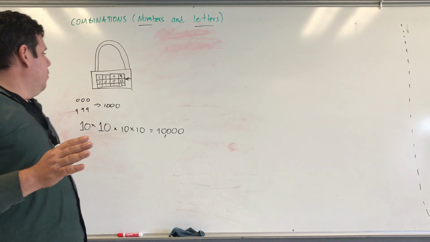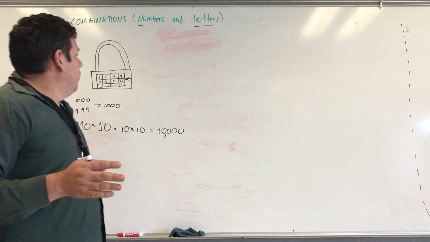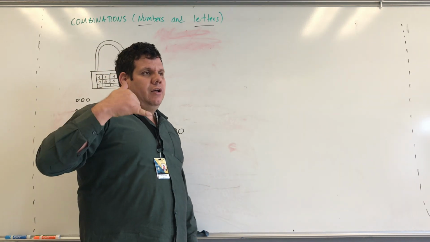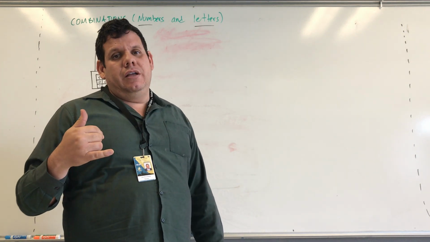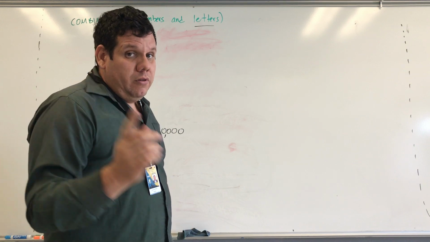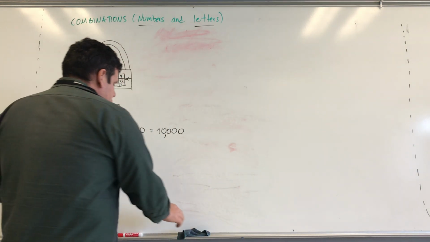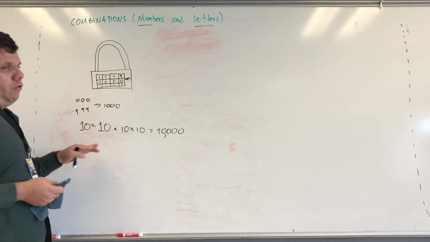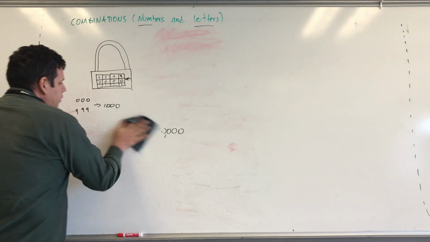Now, when it comes to phone numbers, we have a lot of phone numbers in the US, and all around the world. Let me show you something. This is for the padlock. What about the phone numbers?